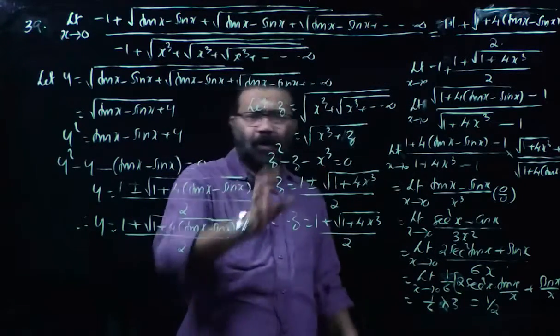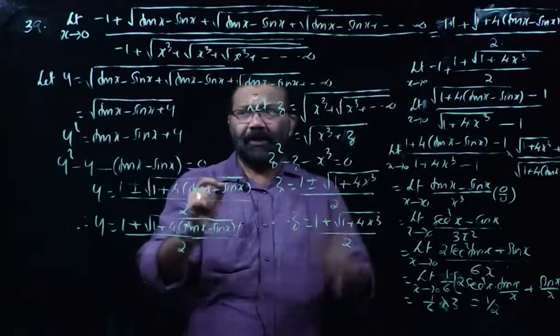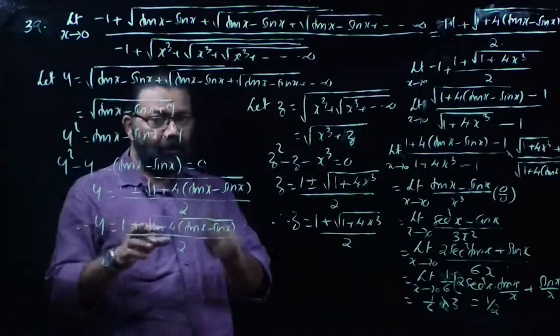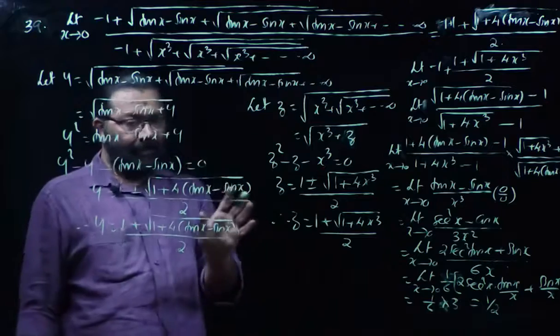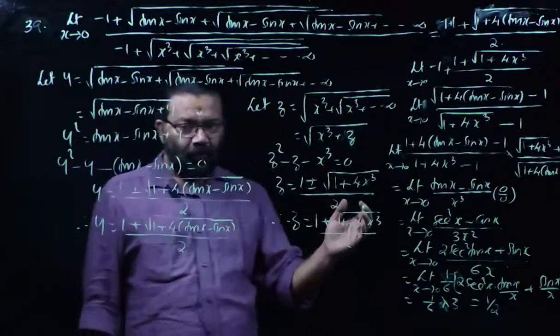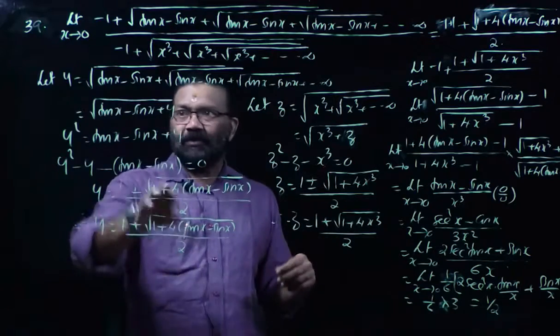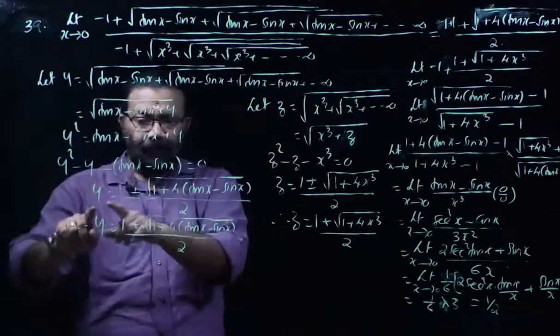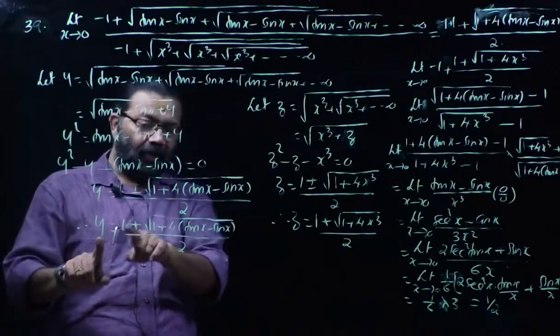This method you are already familiar with from quadratic equations. So we are taking the test by quadratic square, and this point should be noted. 1 plus something will be always more than 1. So 1 minus a number more than 1 will be always negative. So since y is square root of something, you are taking positive root only. y should be always positive. So y equal to 1 plus.